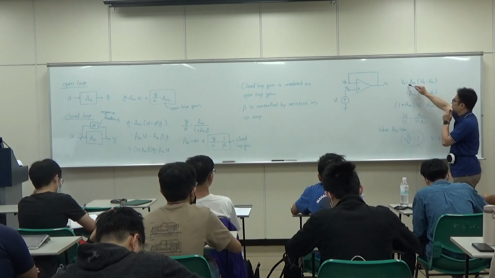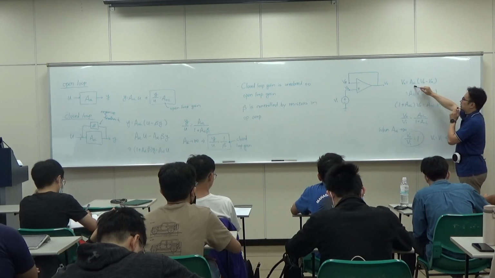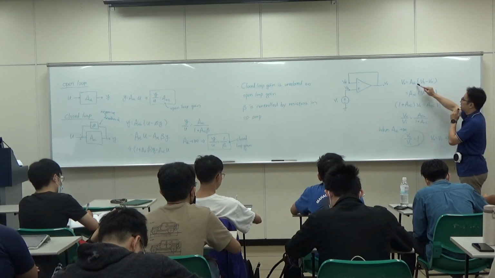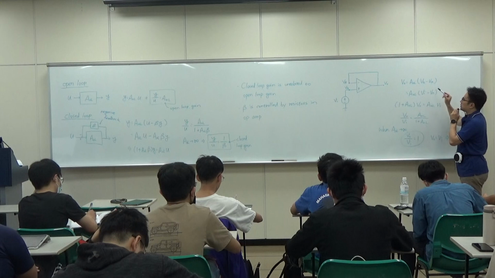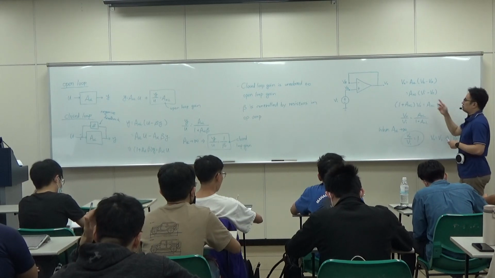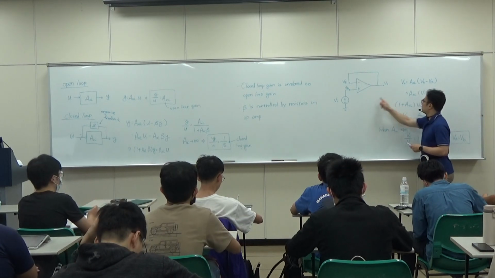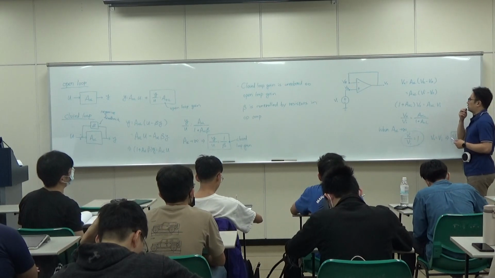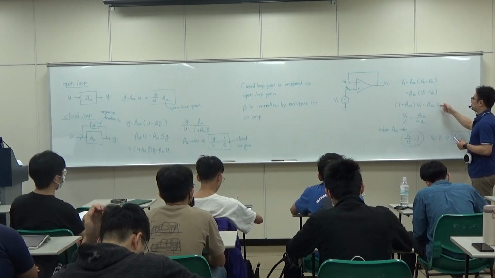So following the definition of the amplifier, the output voltage equals AOL times (VB minus VA). And VB is VI, VA is VO. Okay. And so rearrange this equation a little bit.